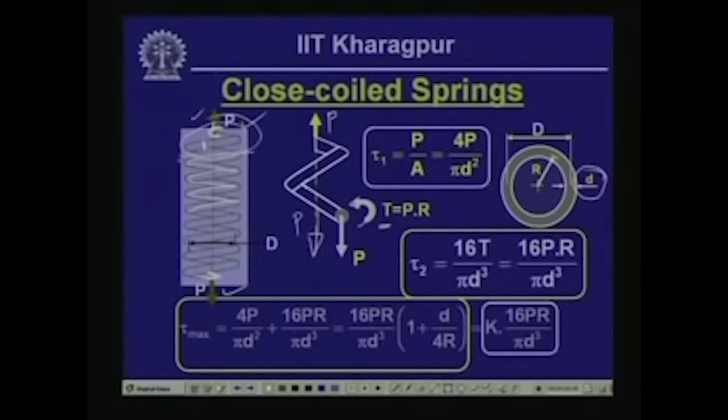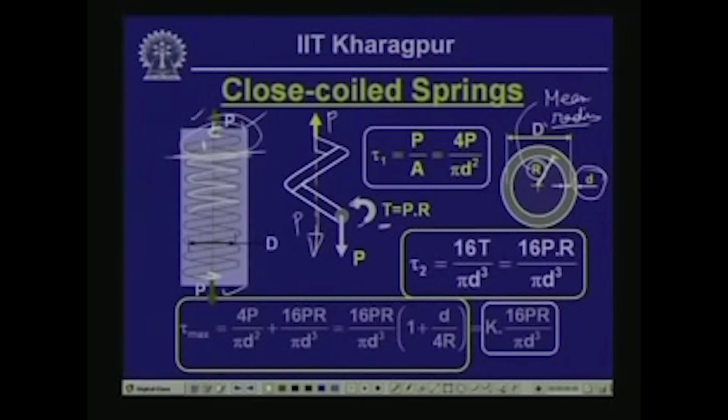Now, if we look into a plan view of one of such coils, say this is the circular form, and this is the radius R up to the center line of the wire. We call this R the mean radius of the spring, and small d is the diameter of the wire with which the spring is formed.